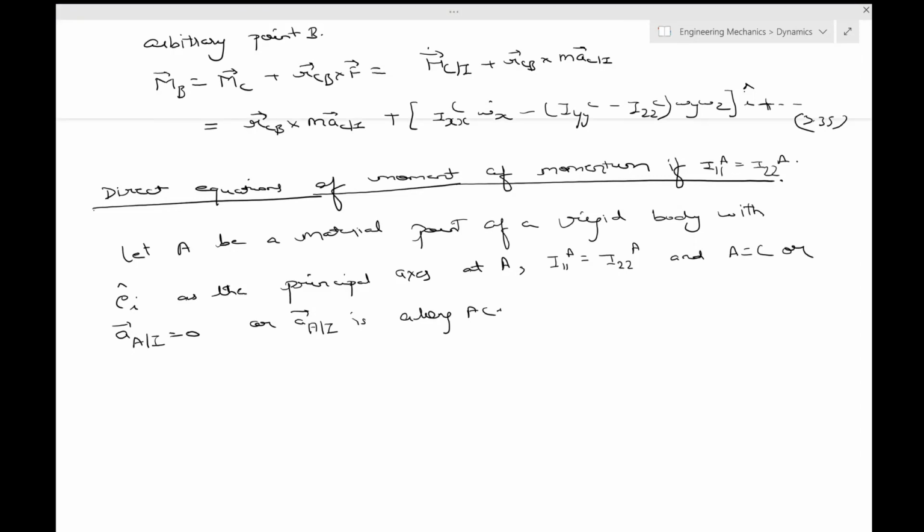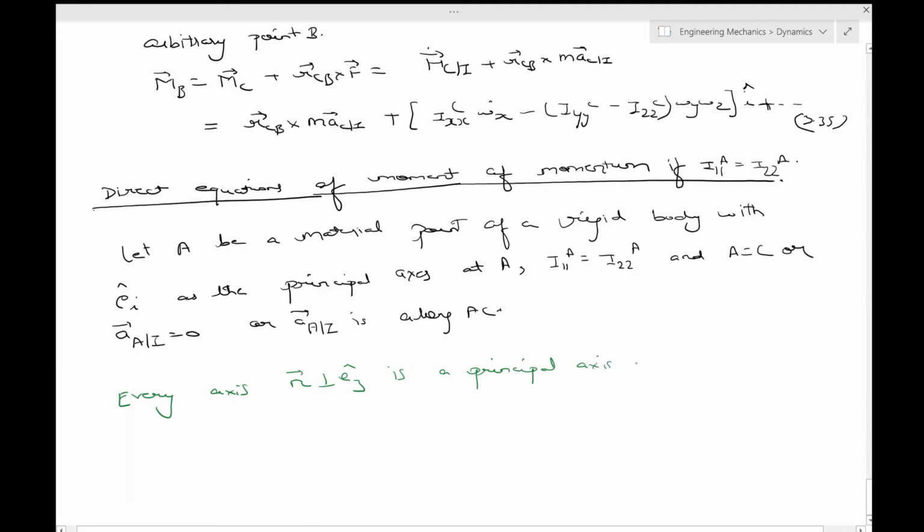So this is something which we have discussed when we were discussing the principal axis. Every axis n which is perpendicular to E3 is a principal axis at A, with I_nn of A equal to I_11 of A for all n.